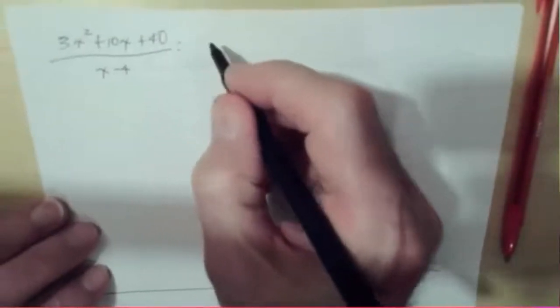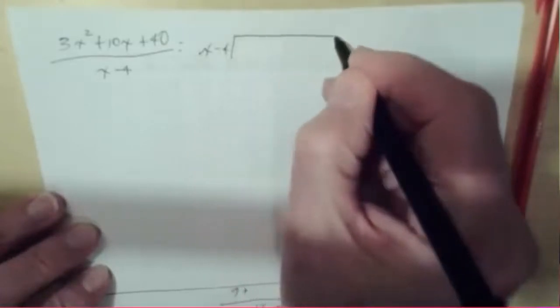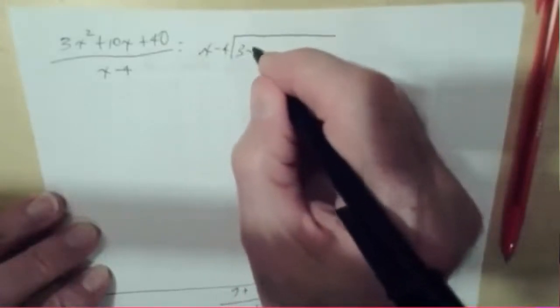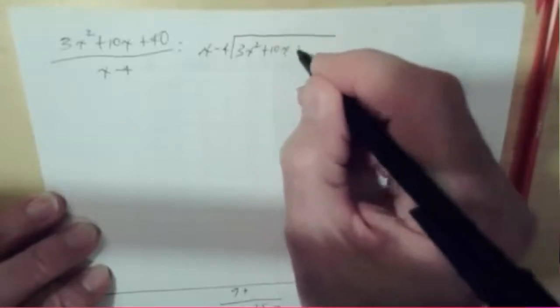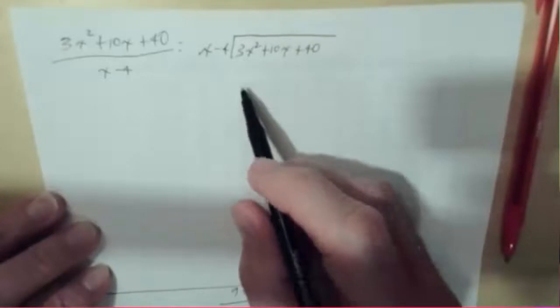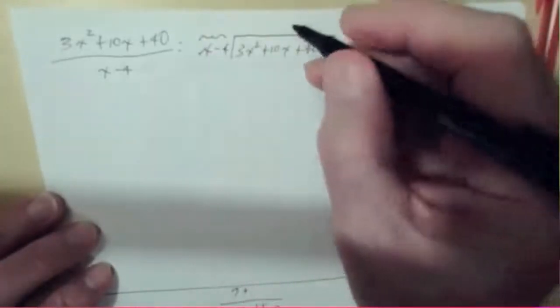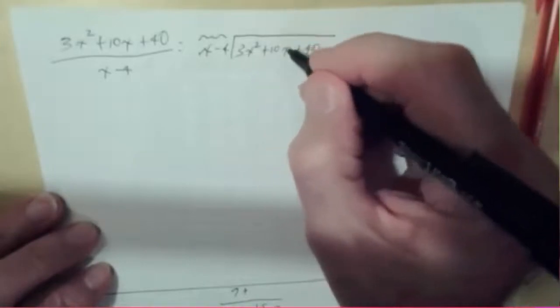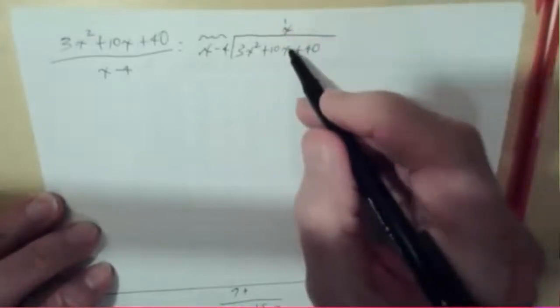My hand is going to be in the way. x minus 4 divided into 3x squared plus 10x plus 40. Now we have 2 digits here, so we're going to start at the second term. This is going to be x.